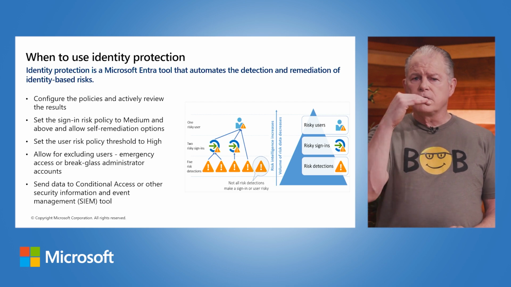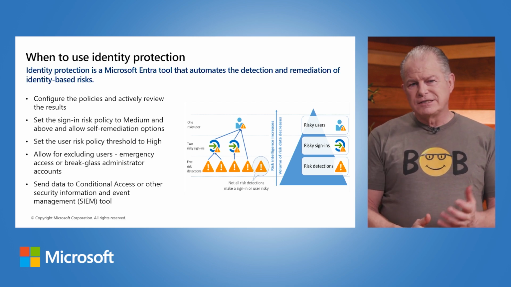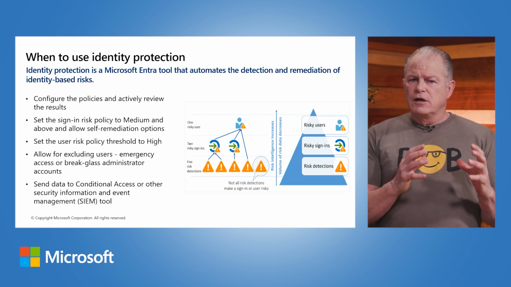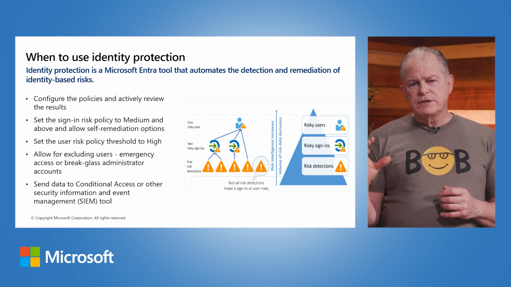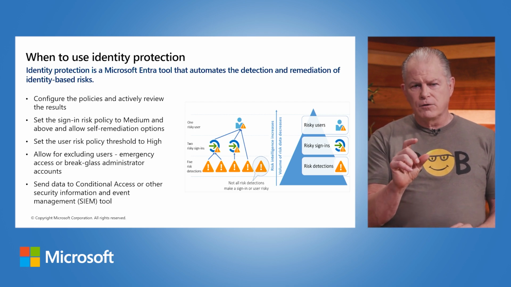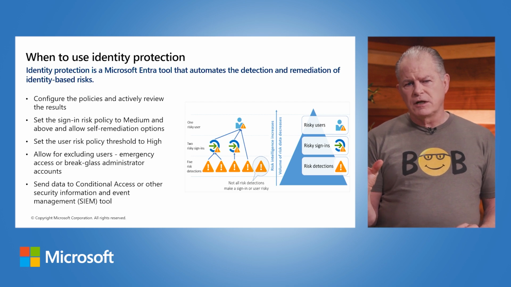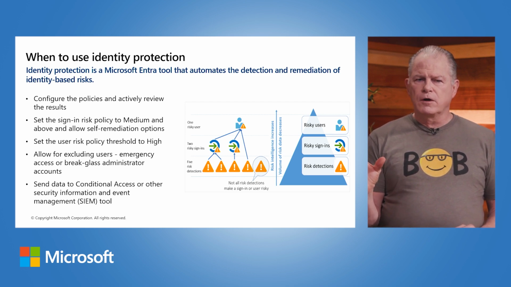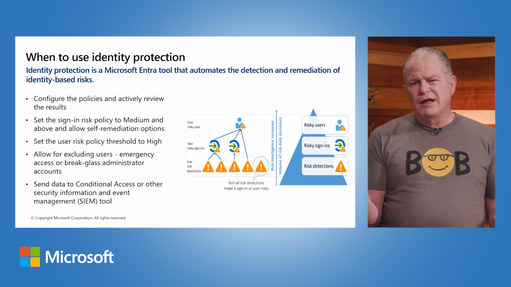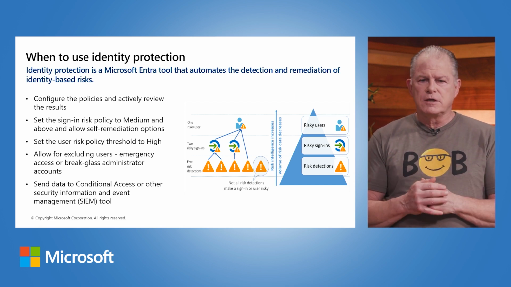And so this tiered approach, and what you're seeing on the center part of that slide, is you can now say, if I have a risky detection, and that's the far right-hand side of the yellow triangles, yeah, it's a risky detection, but it's not going to trigger identity protection to classify you as a risky user.